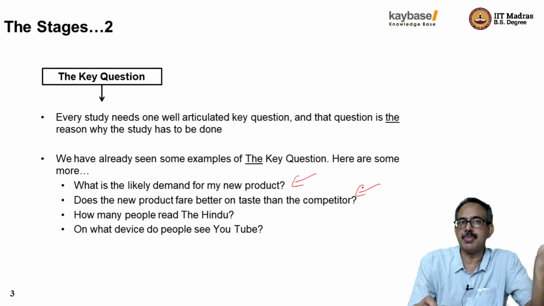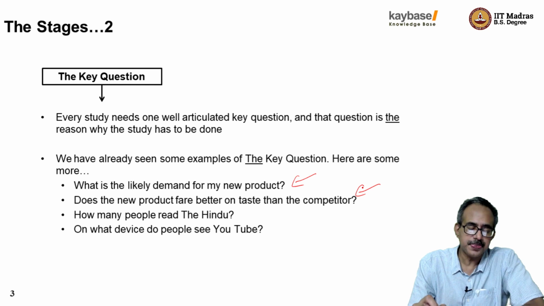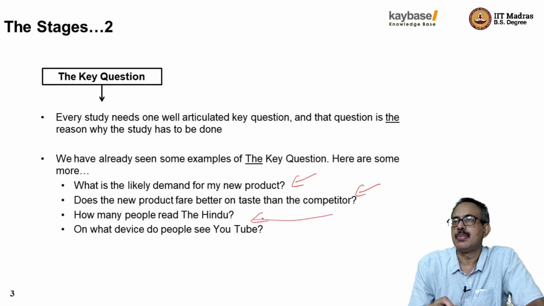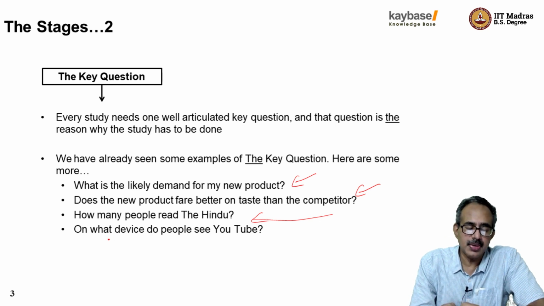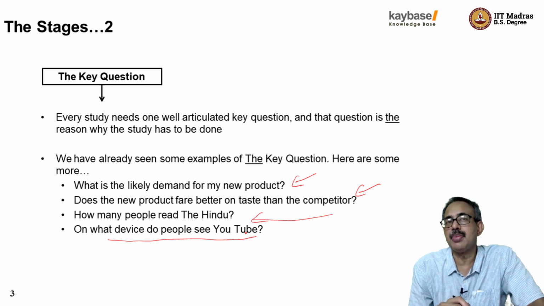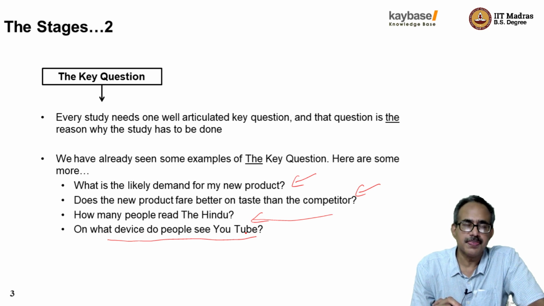So is my product better than the competitor's product? This is a well-articulated question. How many people read the Hindu newspaper? Well-articulated question. On what device do people see the YouTube? There are some examples, and these are the kind of studies that we do in practice. Right? Is this clear? We'll go forward.